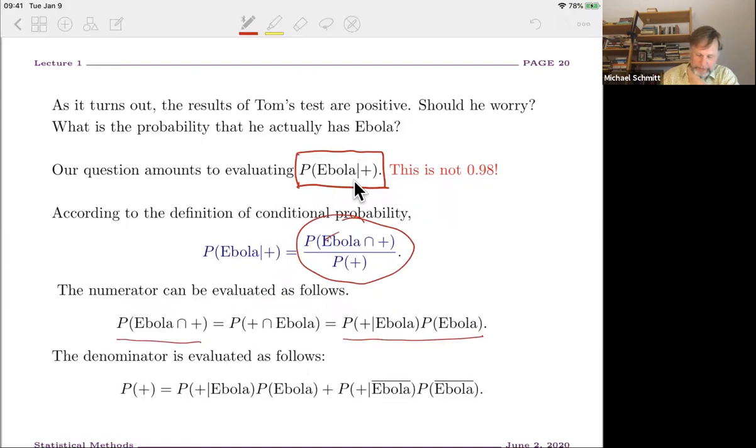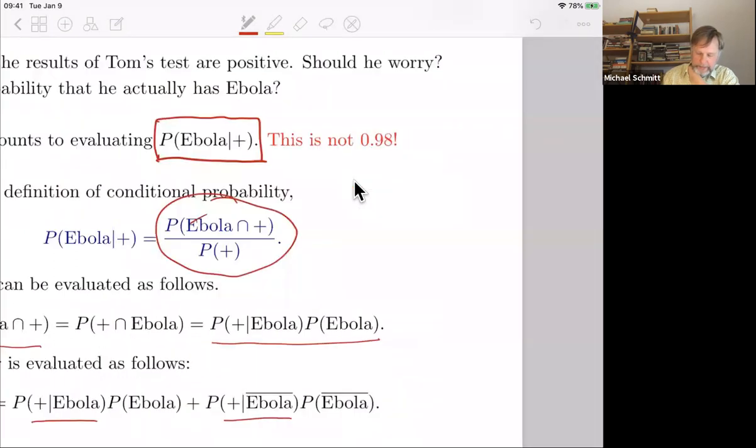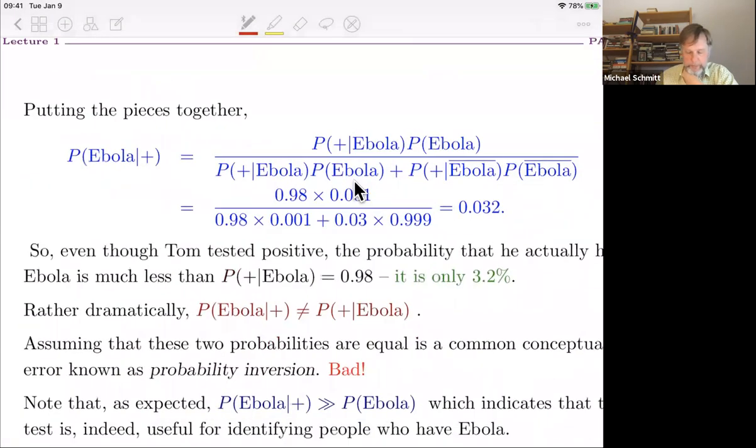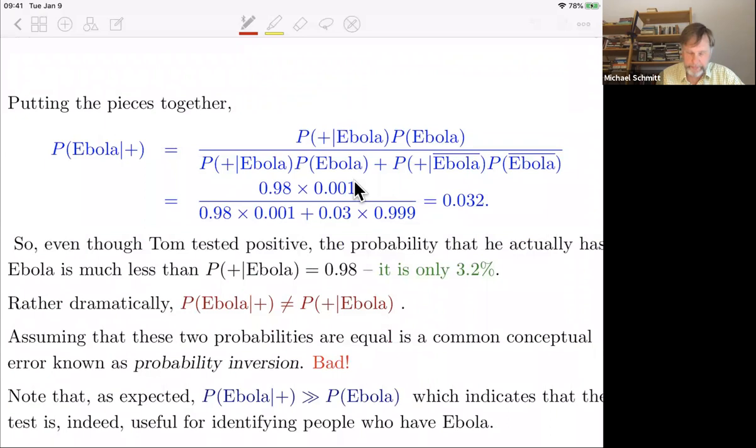The denominator we can write is that the probability that he gets a positive reading is the sum of the probabilities for getting a positive reading when he has Ebola and the probability of getting a positive reading and not having Ebola. Okay, so we can put the pieces together. These are the pieces here. It's really pretty straightforward. You plug the numbers in, and the answer that you get is that the probability that he has Ebola is 3.2%.